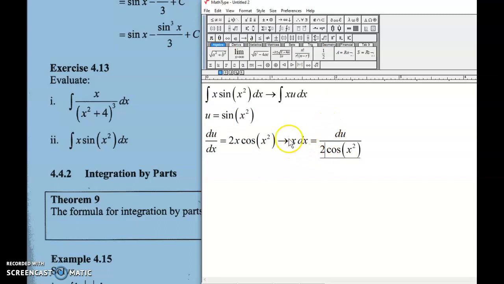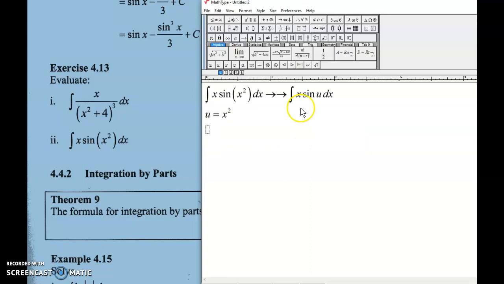This is the best that we can do to substitute x dx here. And spoiler alert, you'll see that we still have x in our terms, so we can't really use sine x squared as our u. So let's change it back. Now let's take the function inside this bracket as our u.